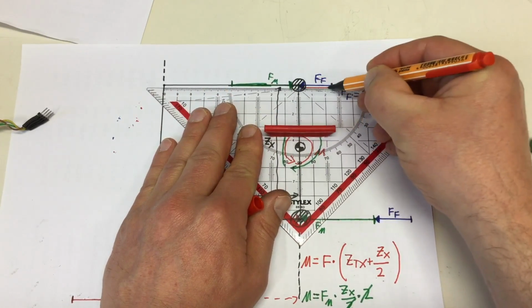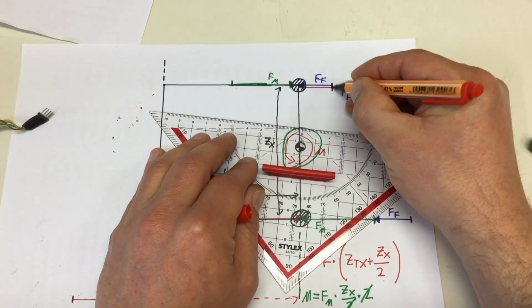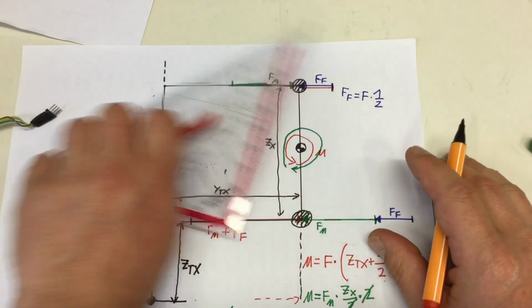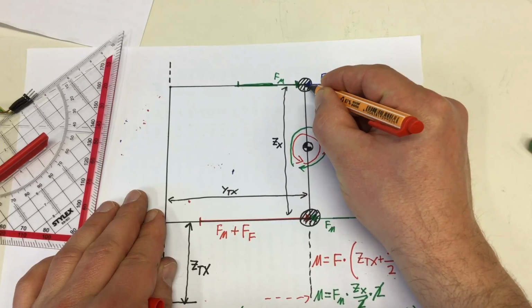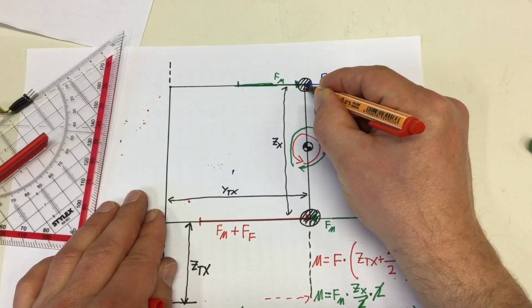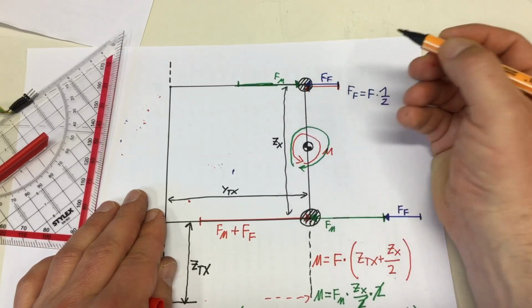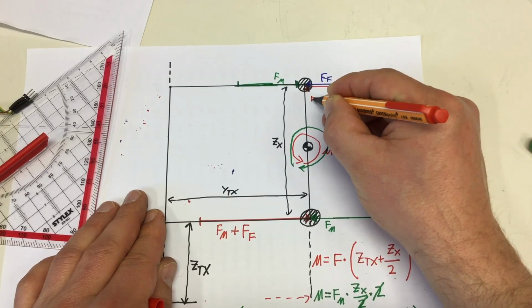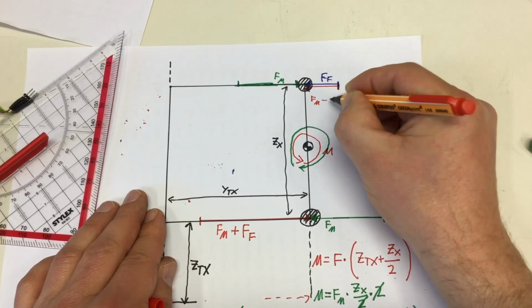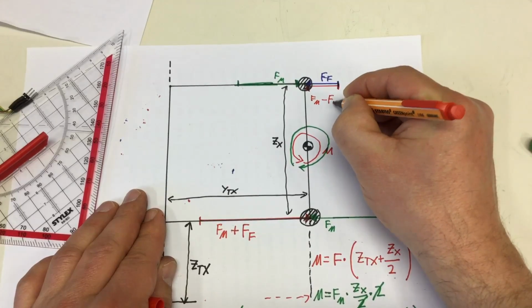So yeah, that would be here. That would be our total force. That direction, and that is Fm minus Ff.